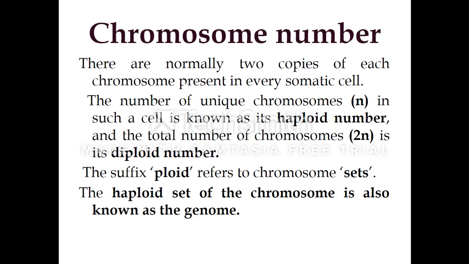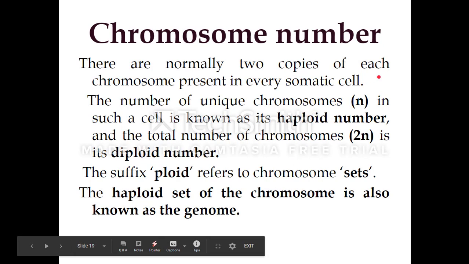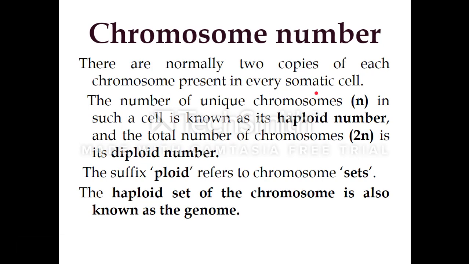Now we learn a little more about chromosome number. There are normally 2 copies of each chromosome present in every somatic cell. 2 copies means 1 copy derived from the paternal side, the male parent, and another copy derived from the maternal side, the female parent.